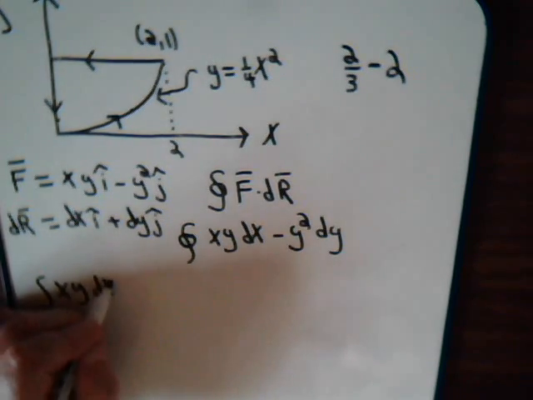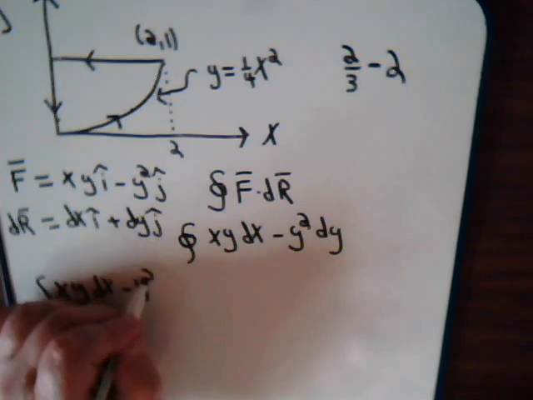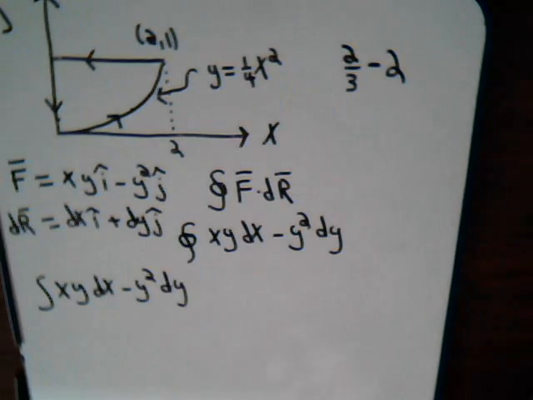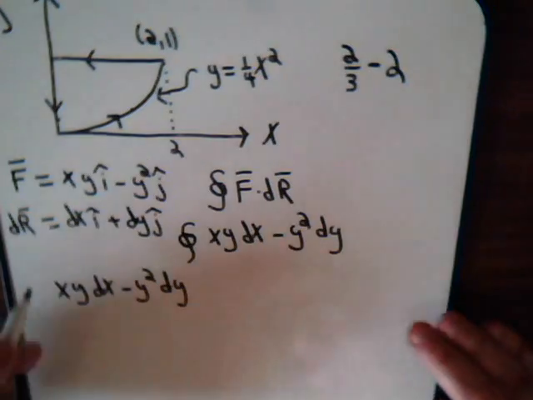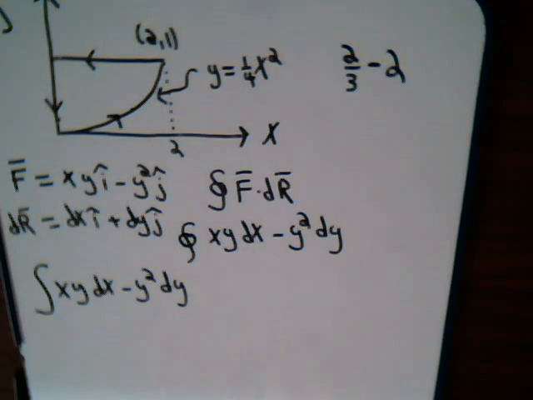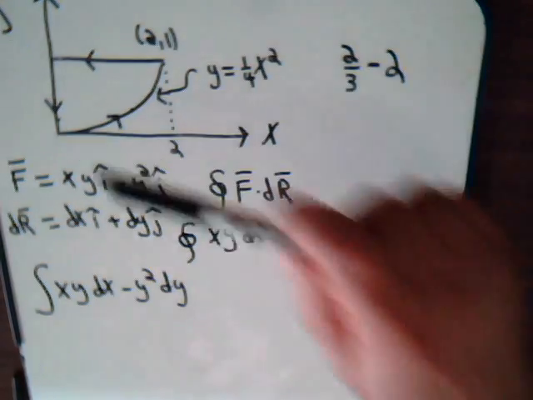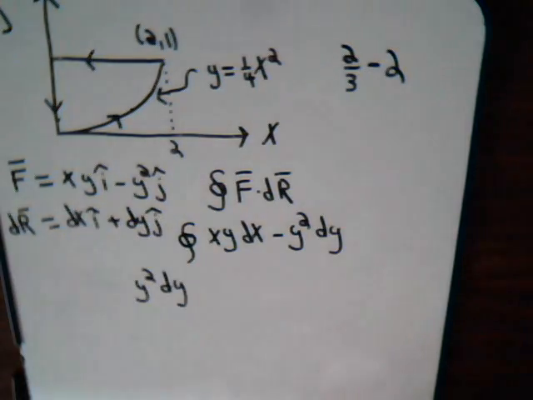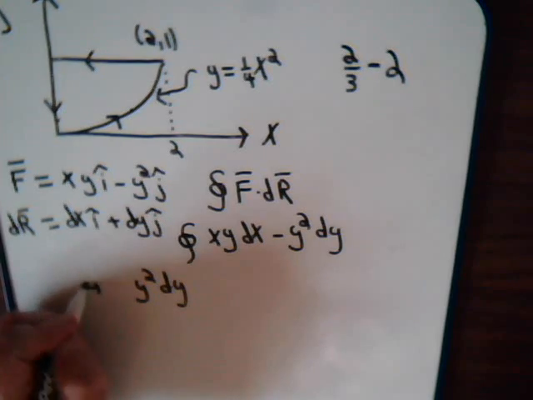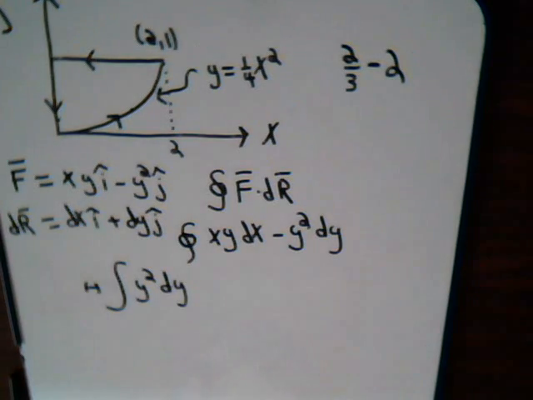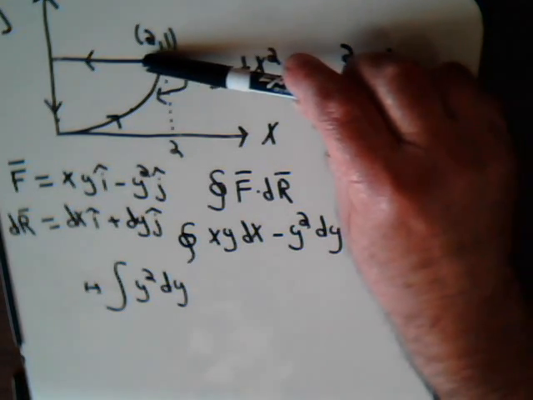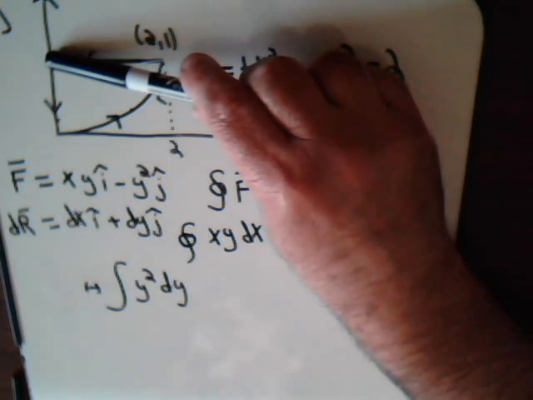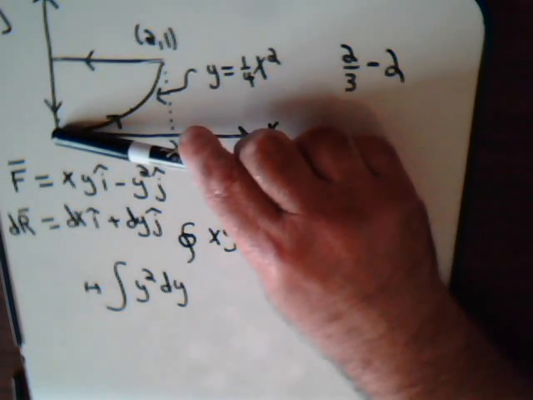xy dx minus y squared dy, that's the general form, no limits yet. But here on this vertical line, dx is 0, so this is gone. So we just have minus this integral. And here, up on the horizontal line, y had a value of 1. So starting at 1, and we're ending up at 0.